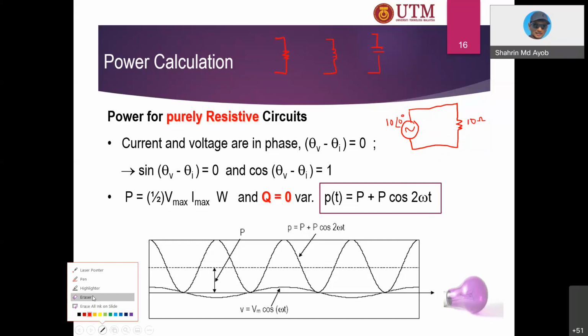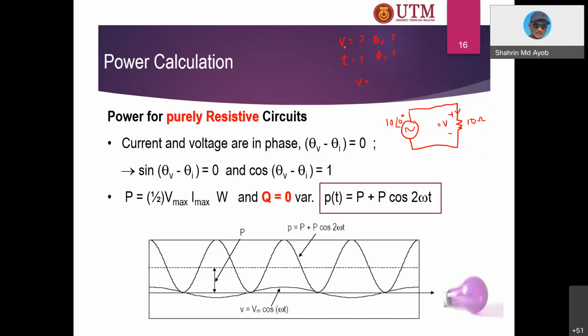So what you need to do is get the current and the voltage, and the angle between the voltage and the current. You want the voltage, the angle of the voltage, the current, and the angle of the current. Since the load is connected in series, the voltage here is the same as the supply, 10 volt.